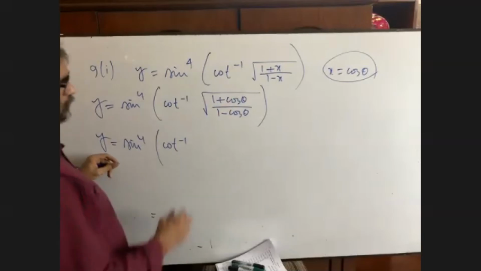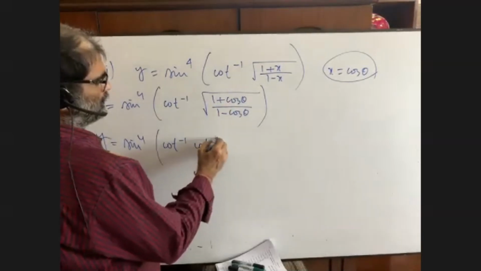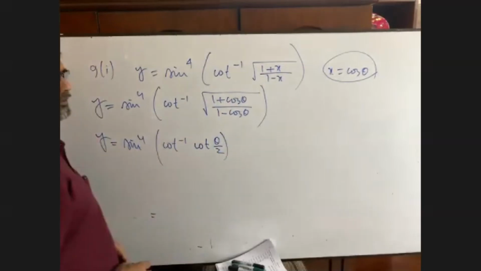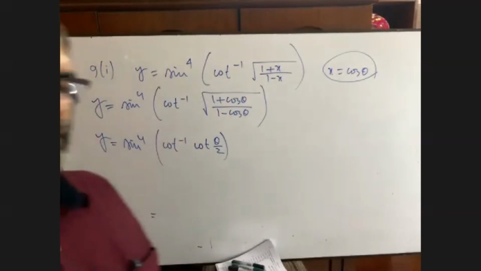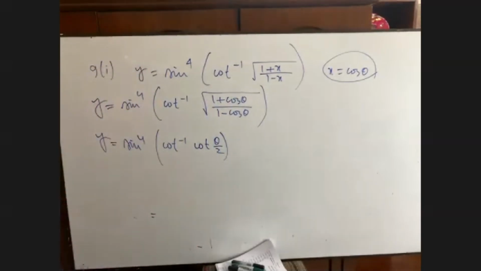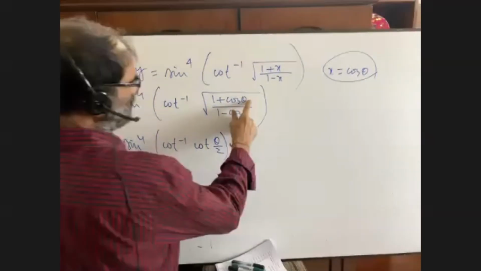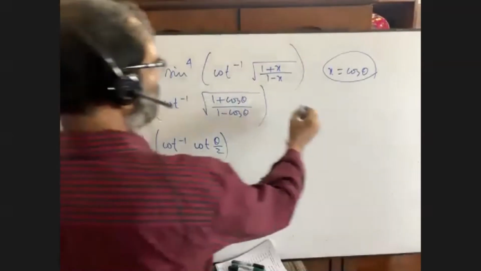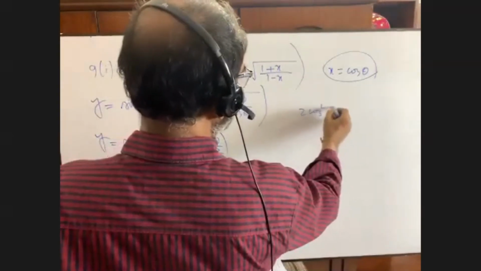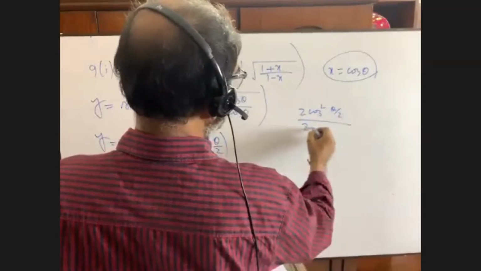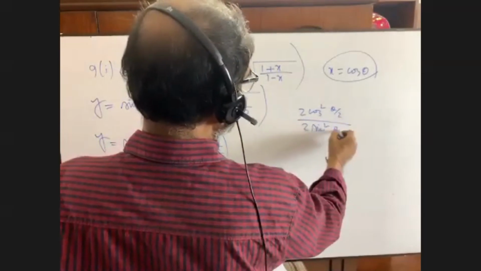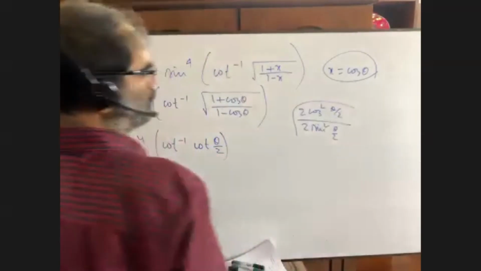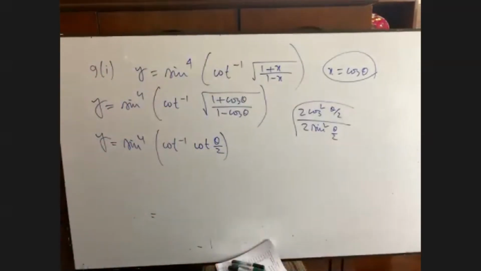Can I write this as cot theta by 2? If we put it into the formula, here it will be 2 cos square theta by 2, and here 2 sin square theta by 2. 2 will be omitted, root and square will be omitted. So we'll be left with cot theta by 2, right?